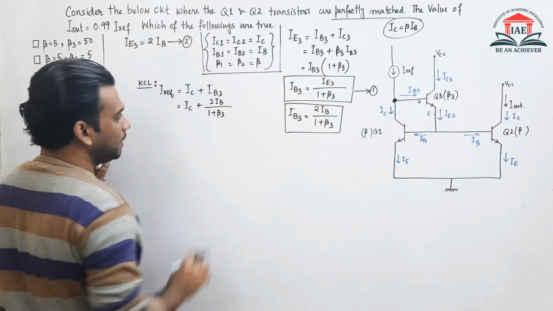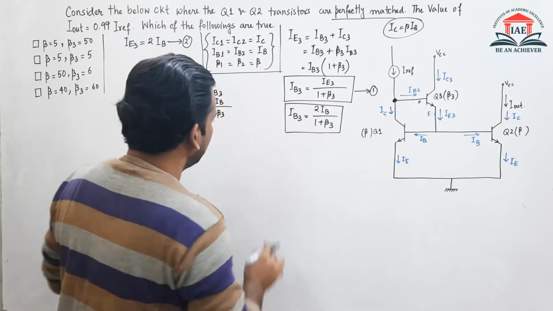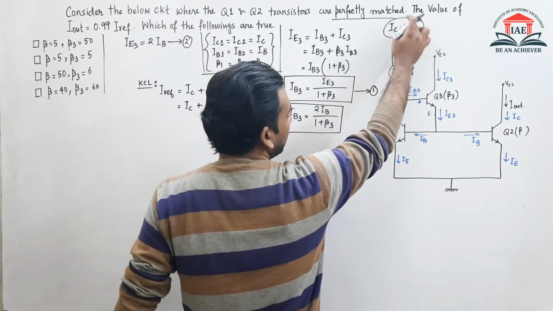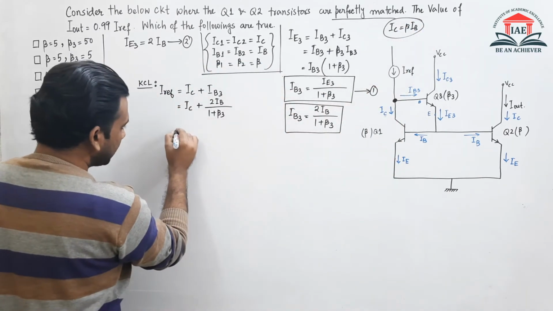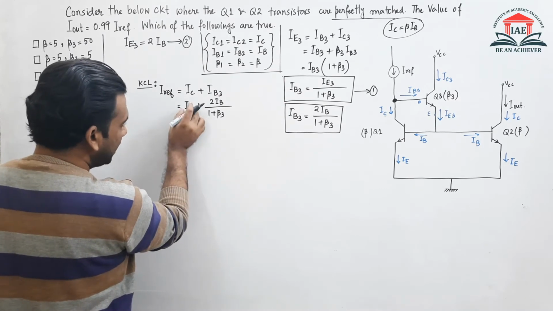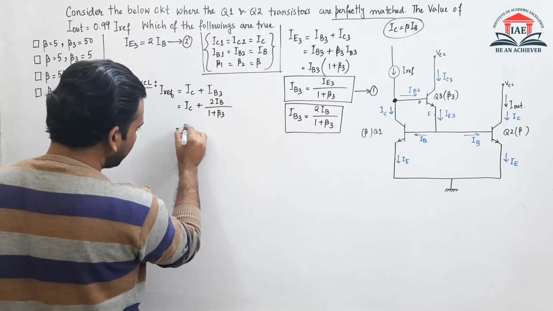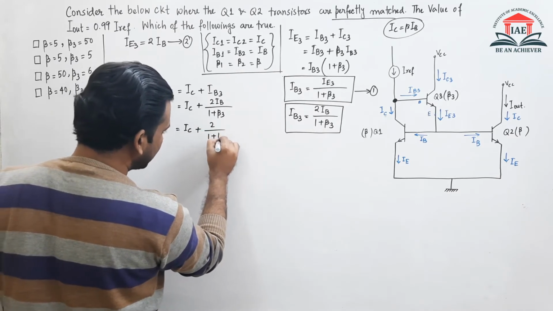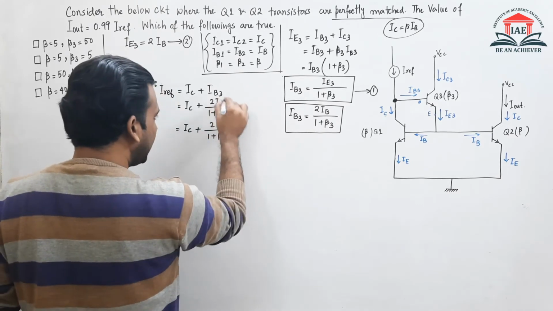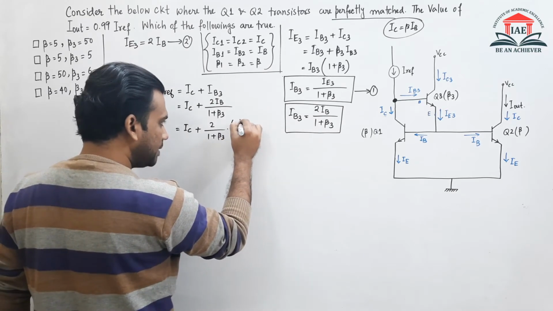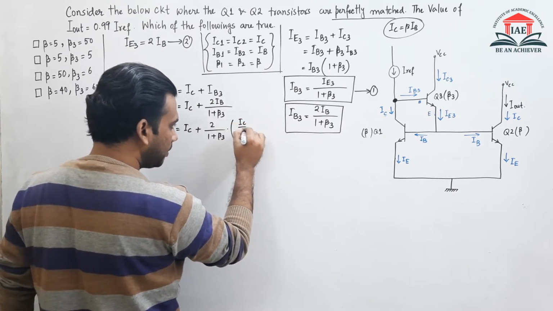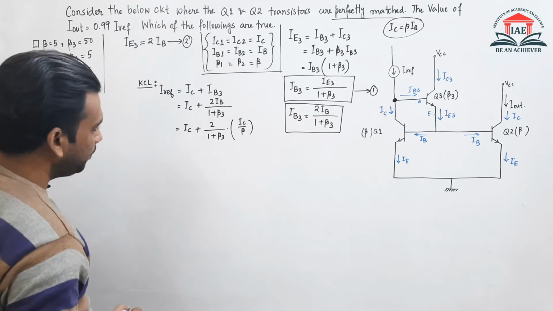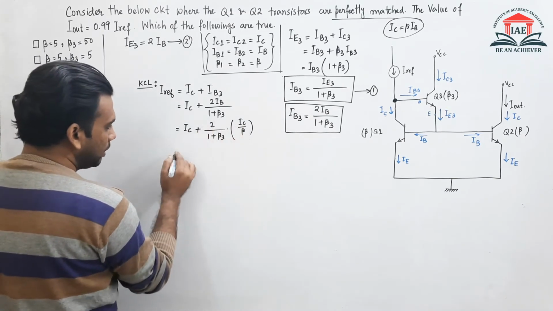Now this IB can be written as, IB का वैल्यू क्या होता है यहाँ पे, IC by beta. So मैं लिख सकता हूं यहाँ पे मेरा IC है, यहाँ पे IB है. So IC यहाँ पे है, इसको लिखूंगा 2 by 1 plus beta 3, और IB is equal to IC by beta. Now यहां से मैं IC कॉमन ले सकता हूं.